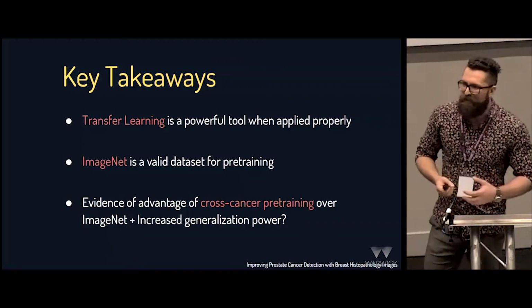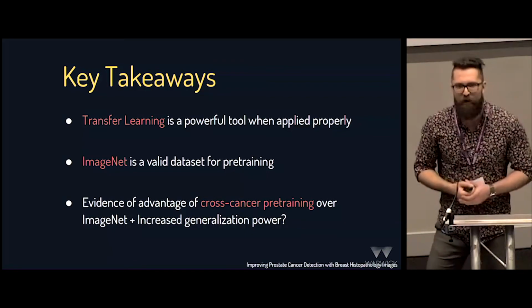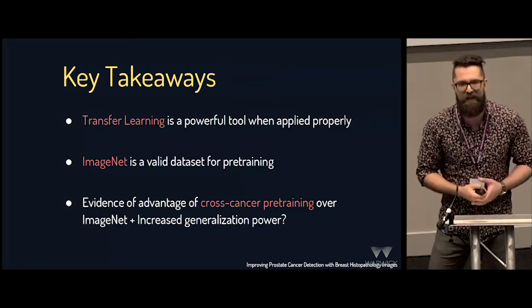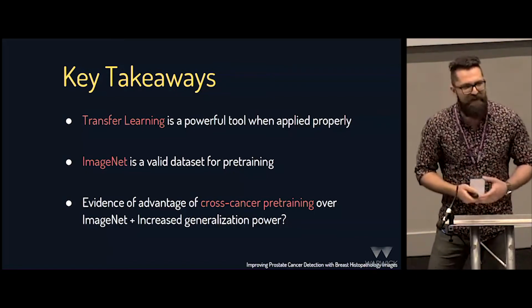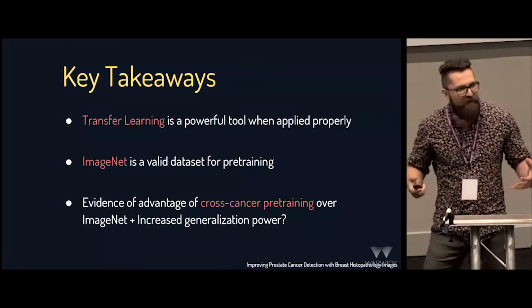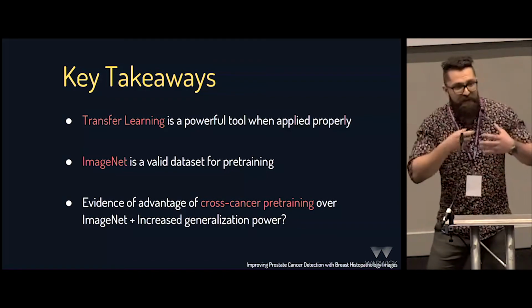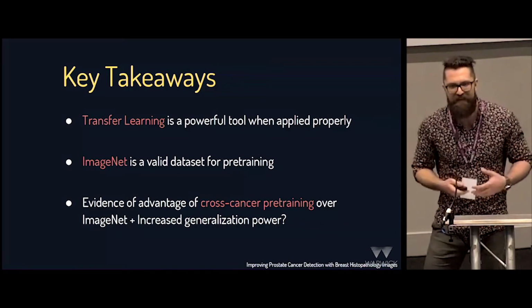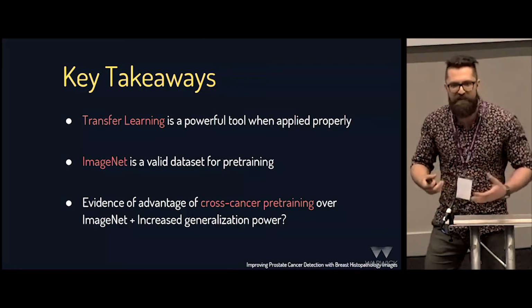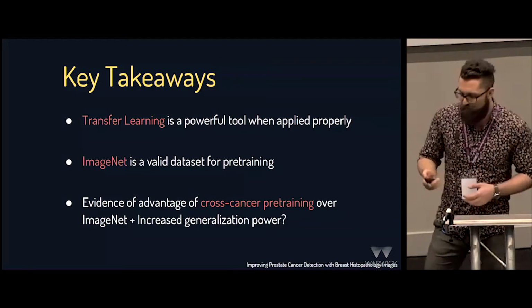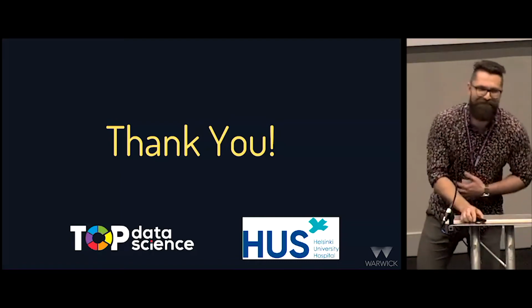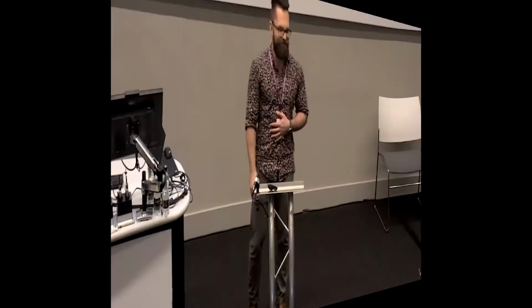Because different kinds of whole slide images are scanned with different machines or settings, and have different staining. So if we can provide such a setting that several cross-cancer images are pre-trained together, hopefully this will increase the generalization ability of learned models. Thank you very much. This was my talk.